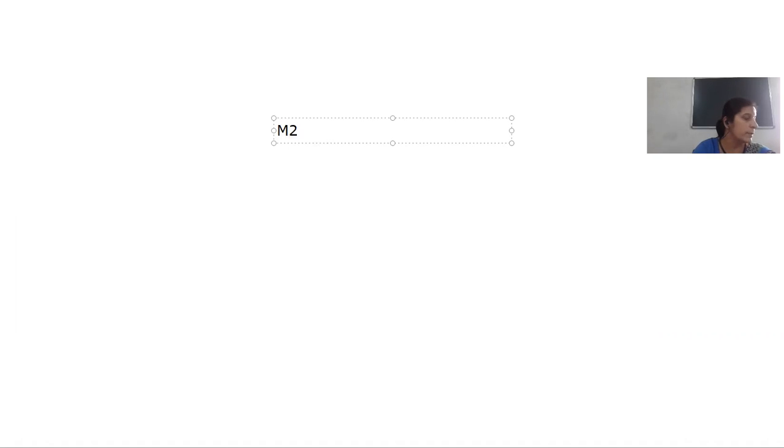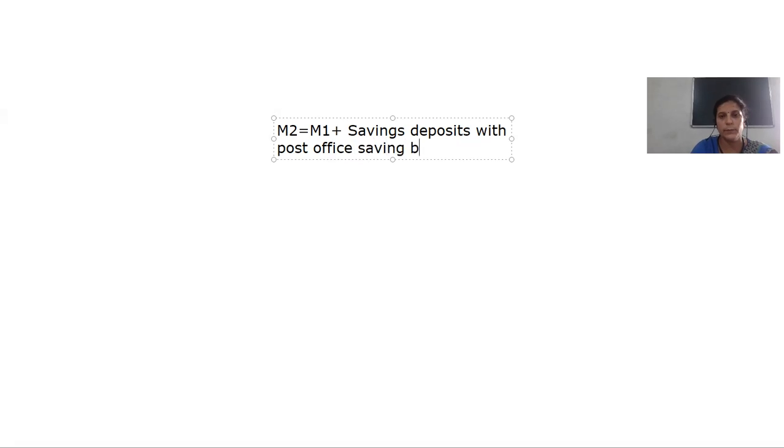This is the next measure of the money supply, which is equal to M1 plus savings deposits with post office saving bank. So this M2 measure of money supply is equal to M1 plus saving deposits.